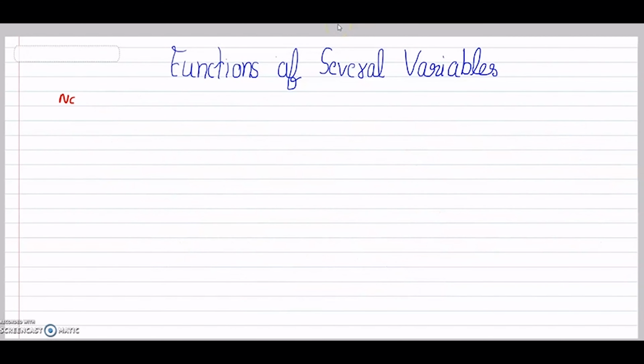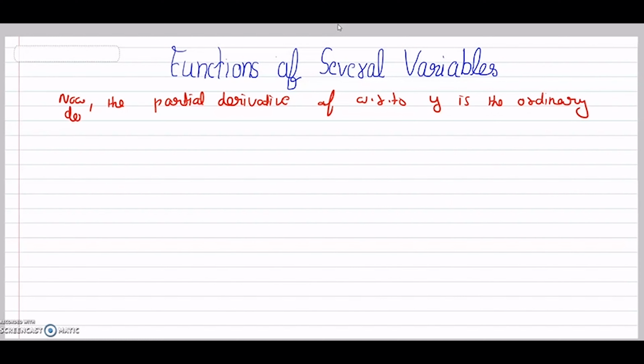Then the partial derivative of f with respect to y is the ordinary derivative of f with respect to y when x is treated as constant.